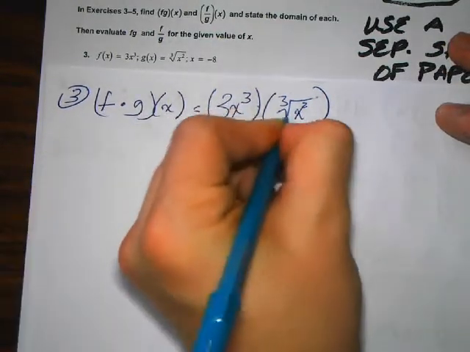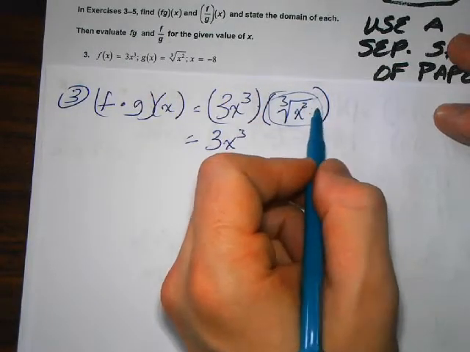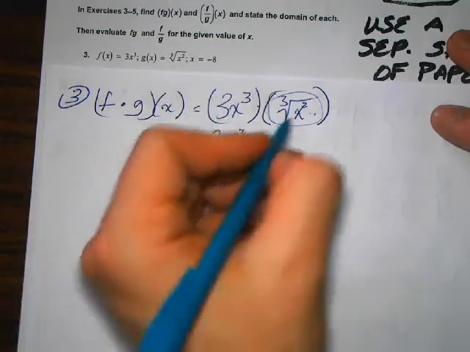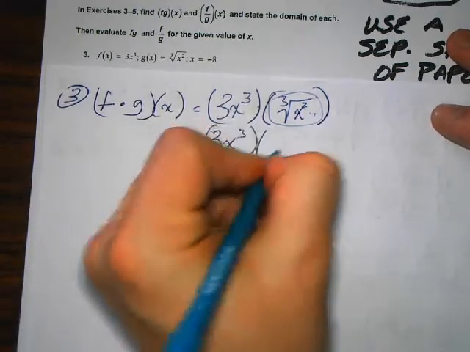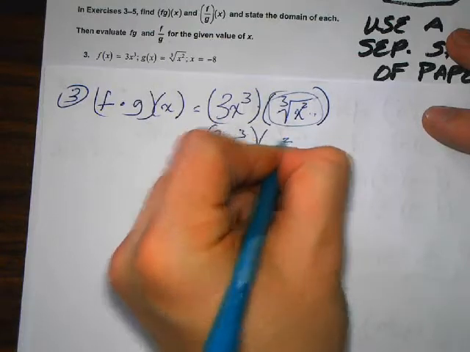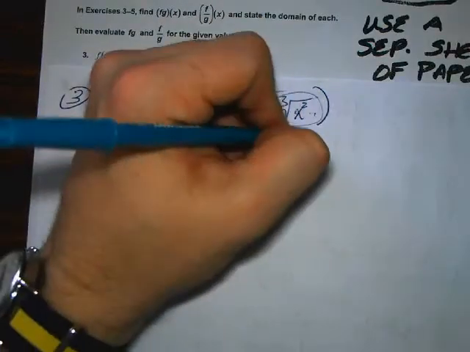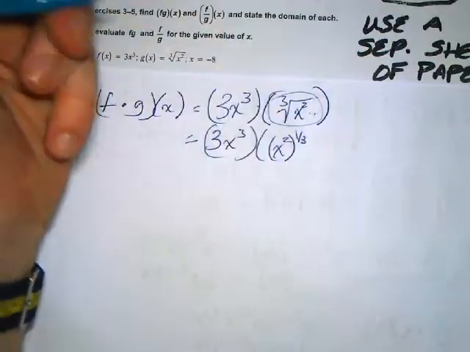So let's rewrite this expression now using a fractional exponent. So this is going to be multiplied by x squared in the parentheses, and then raised to the 1/3 power.